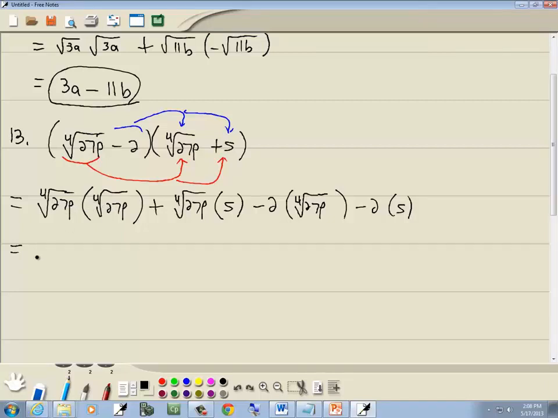These are fourth roots. So all we can do here is multiply what's underneath them. So I got 27, p, and p. Now the reason why I wrote it this way is because I wanted to group the numbers together and then the p's together. Now here, 5 times that just gives us 5, fourth root of 27p, minus 2, fourth root of 27p, and negative 2 times 5 is negative 10.